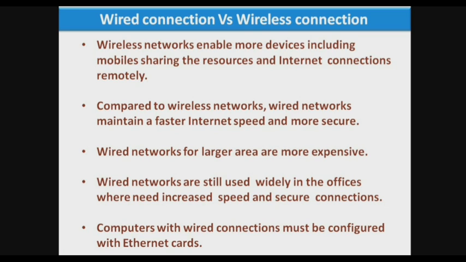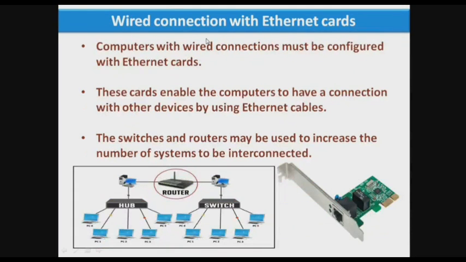If you want to make a wired network, every computer in the network must be configured with Ethernet card. So if it is connected with wire, you can use any type of wire. It may be a twisted pair, coaxial cable or fiber optic cables. The computer must be configured with Ethernet card.